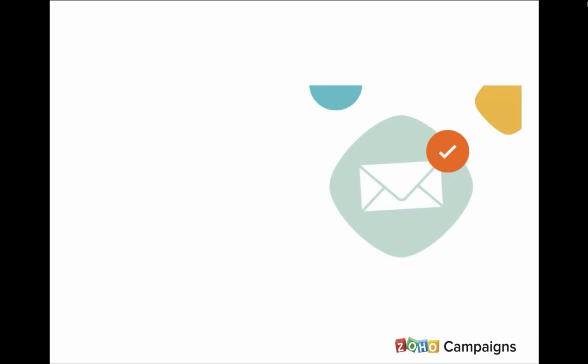As you can see, this is the image of an envelope with a tick sign, which is basically the icon for the email, and the tick sign says that the email has been delivered.